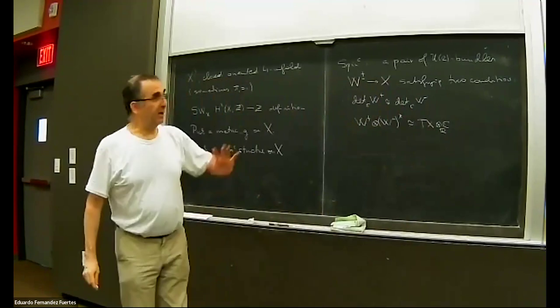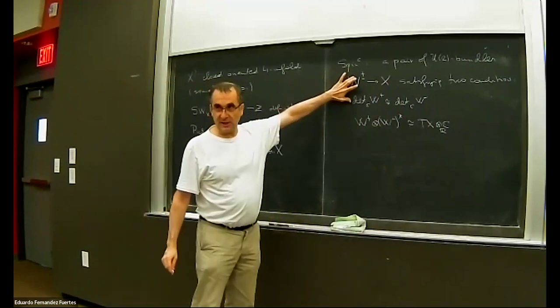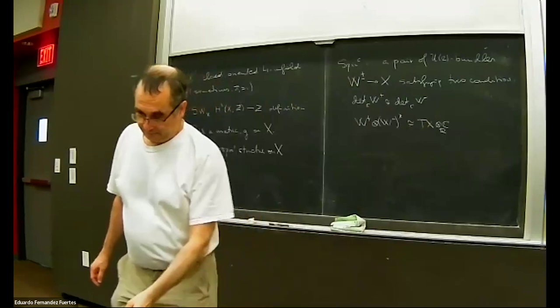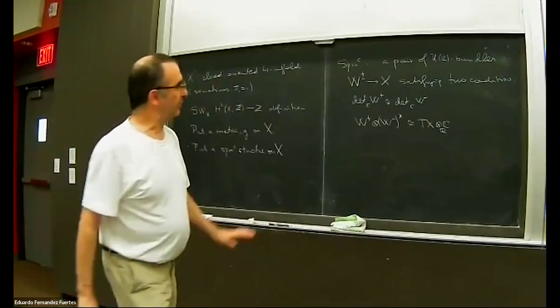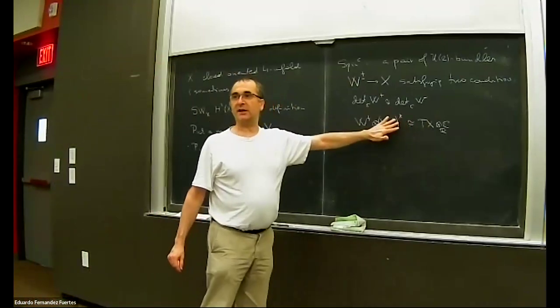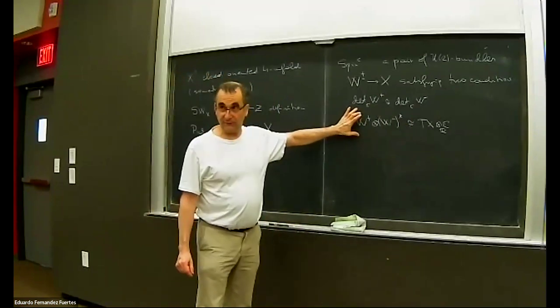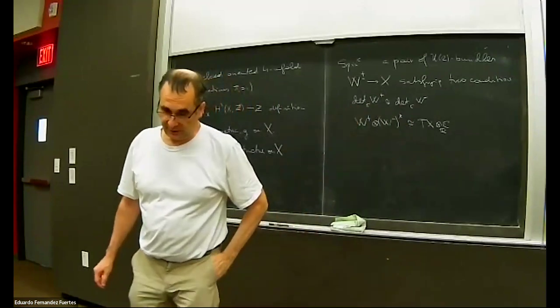So somehow this spin^c structure is attached to the tangent bundle of X. We will massage this isomorphism a little bit later on. This is what will give rise to the Clifford multiplication, which is very important in the theory.